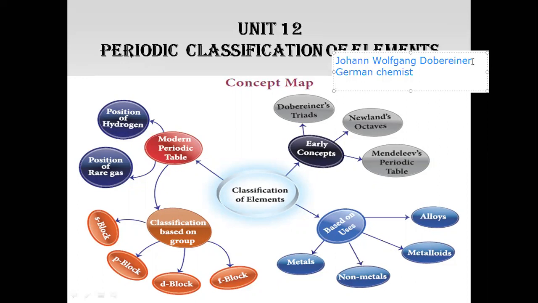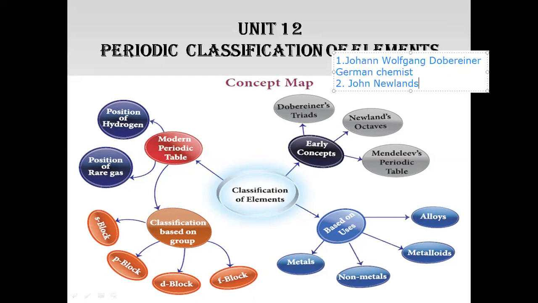Johann Wolfgang Döbereiner is the first who laid a step toward the periodic table. The second one is John Newlands. These are the early concepts of periodic tables.